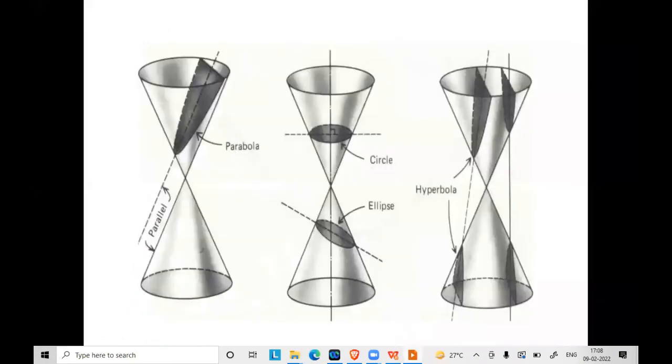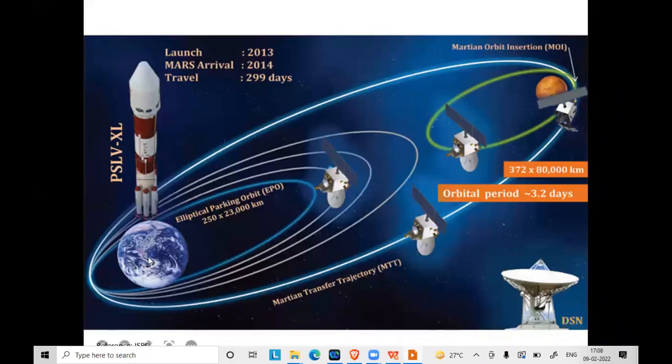Here I am changing my kinetic energy in a step-by-step manner. I can have an elongated orbit, and after that I can further increase the orbit such that it escapes the Earth's gravitational influence. Then I lower the orbit of the spacecraft such that its kinetic energy is decreased step by step, and it has a bound orbit around Mars.